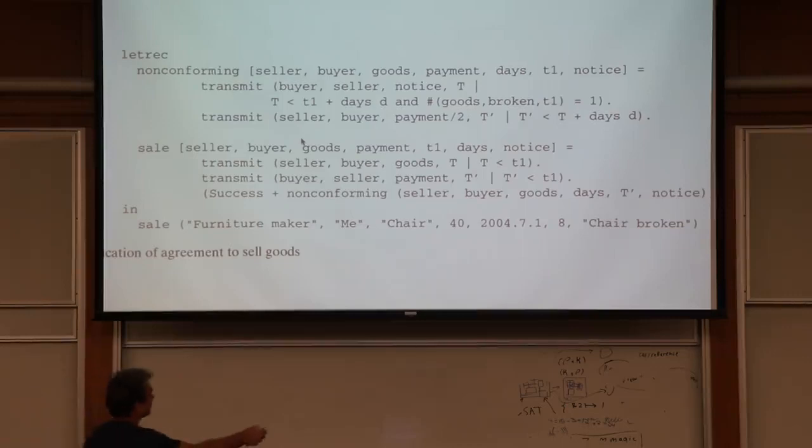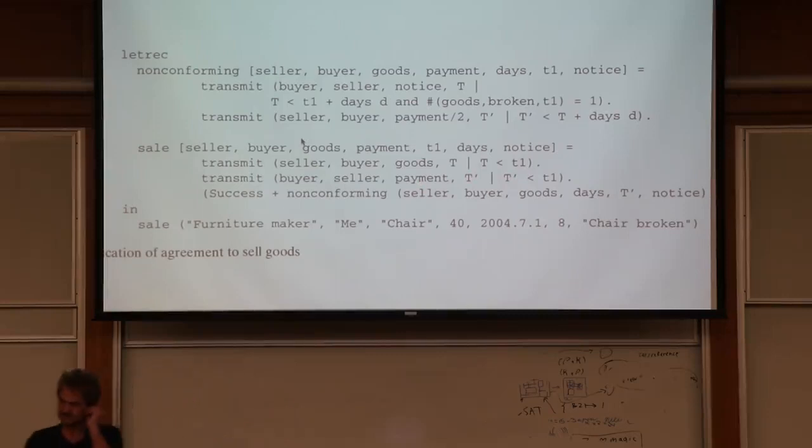Having said that, the contract then says that the next thing that has to happen is that the buyer then has to transmit to the seller the specified payment at time T prime, where T prime is also less than T1.